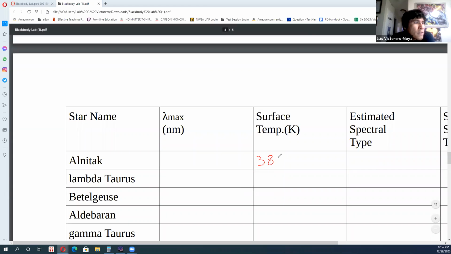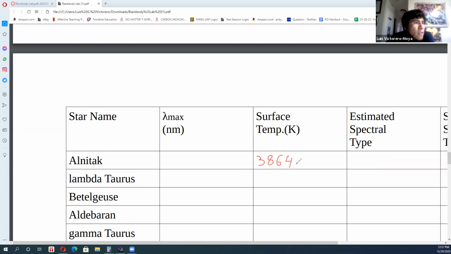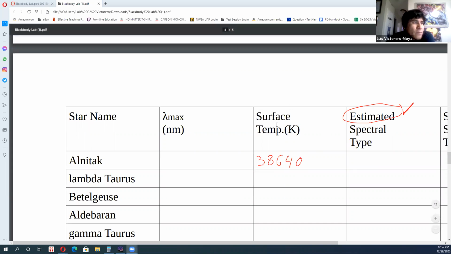Then we're going to estimate the spectral type. How am I going to do that? We're going to do that by looking at this. This is where you have to be careful.